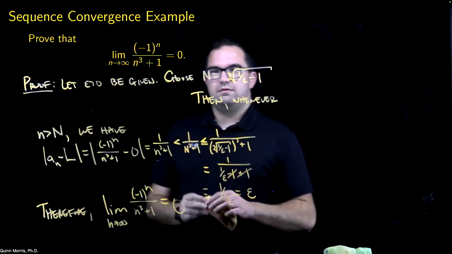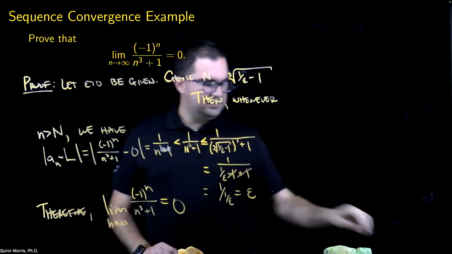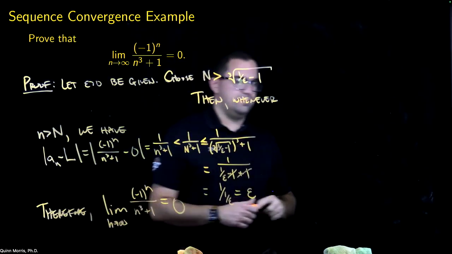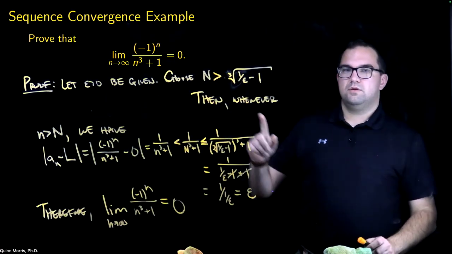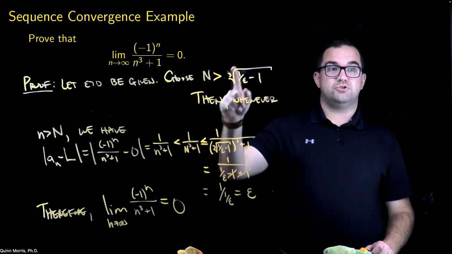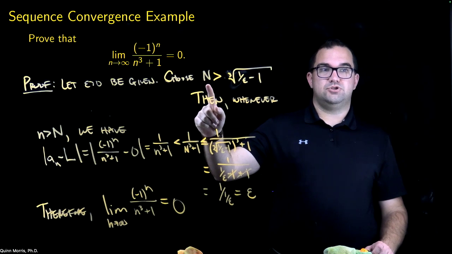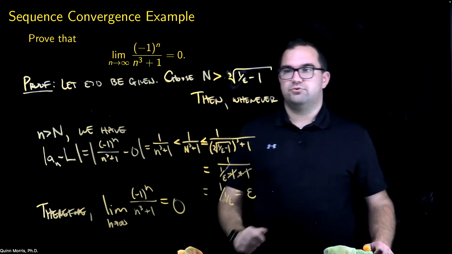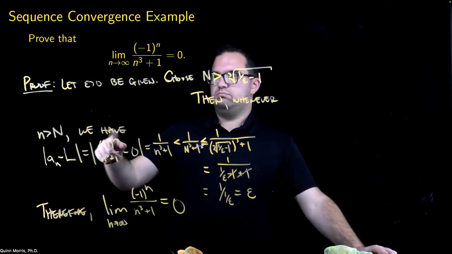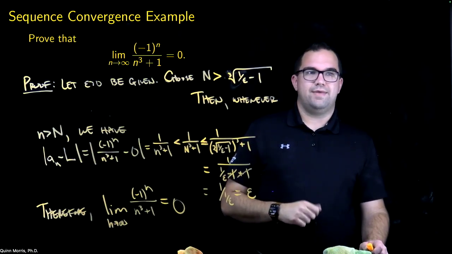The other thing that's sort of a compromise is that you'll see where people say choose capital N to be greater than this. Now, we know that this can be done because the natural numbers are unbounded. That means that we can always choose a natural number that's greater than this real number.